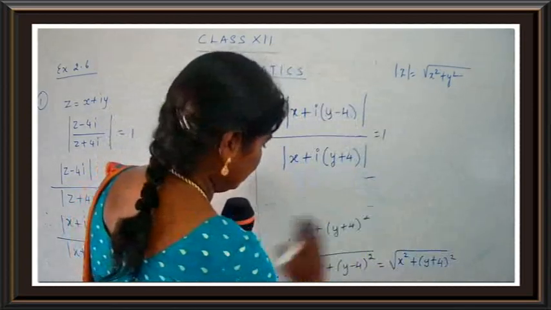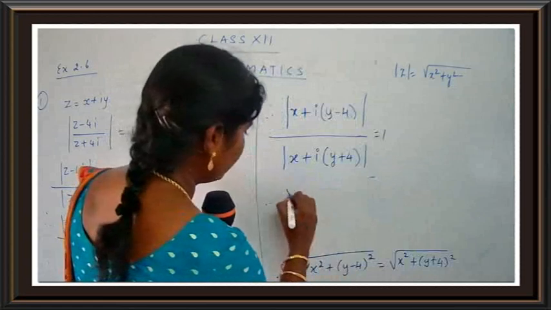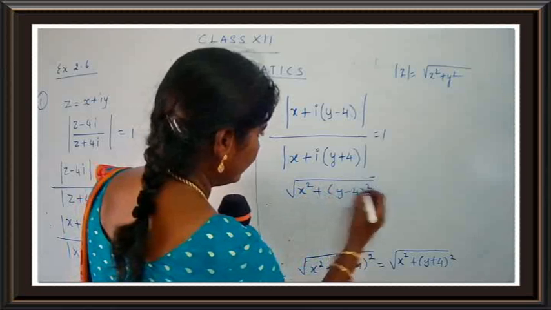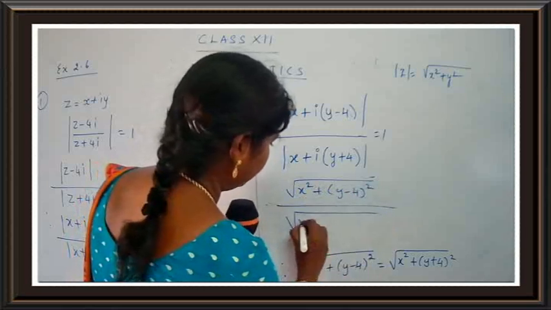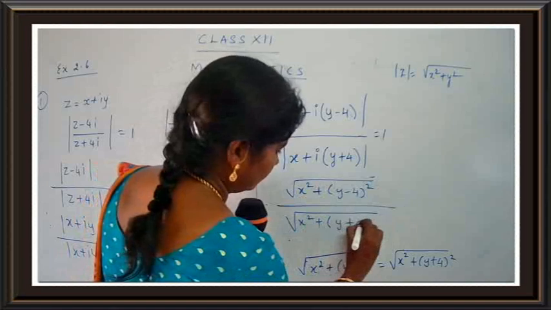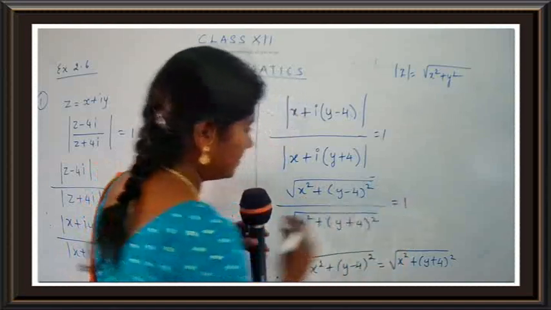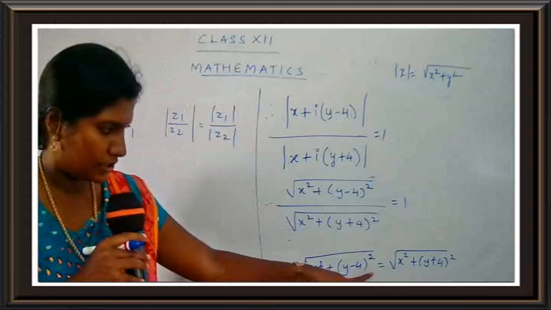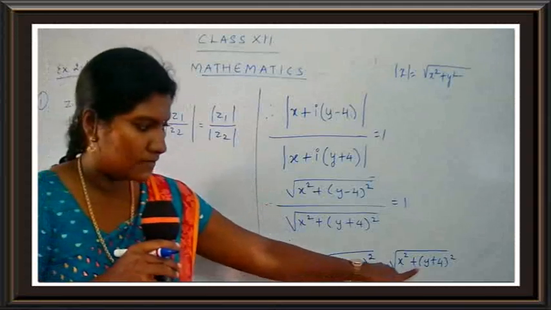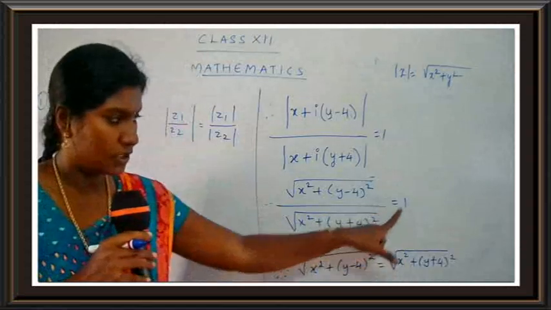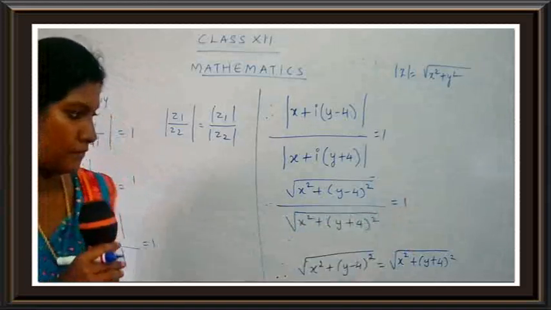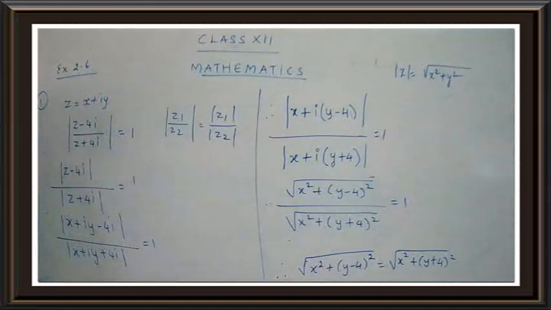It was looking slanting, so I'm just correcting it properly. So I'm just cross multiplying. So square root of x square plus y minus 4 the whole square is equal to square root of x square plus y plus 4 the whole square. I have just taken the denominator to the RHS side. We have not finished till now. We have to move further.